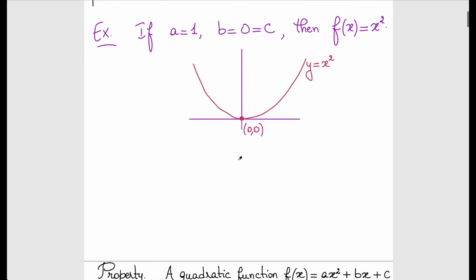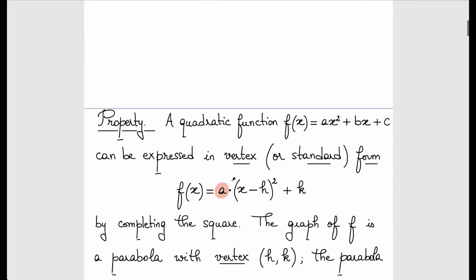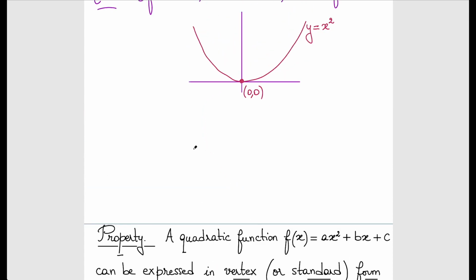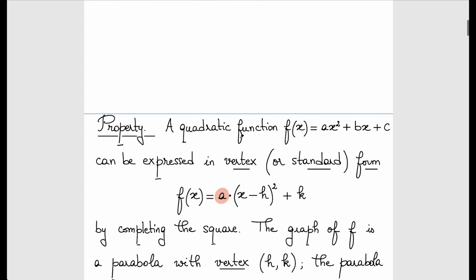Okay, so it's going to open up if the coefficient a is positive, and if a is negative, then you are reflecting in the x-axis, and then you're performing the vertical shrink or vertical stretch. So if a is negative, the function is going to open downward, right?